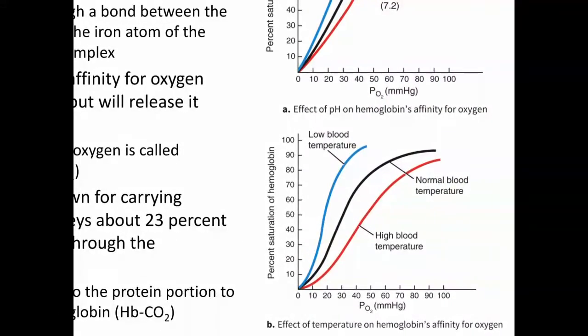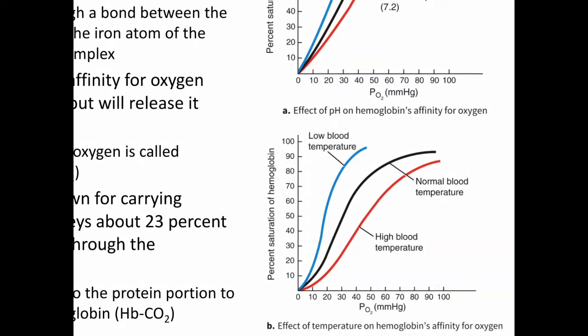Now, let's look at the effect of temperature on hemoglobin's affinity for oxygen. Inside the lungs, there is air, and there is a lower temperature there because outside air is normally cooler than our internal temperature.